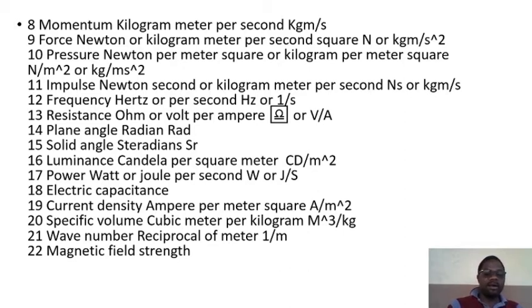Now we see luminous candela. You know the luminous, that's luminous flux or just luminance. So we say it is measured in candela per square meter. Remember, candela is a fundamental unit, the unit of luminous intensity. So here we say that luminance is in candela per square meter.